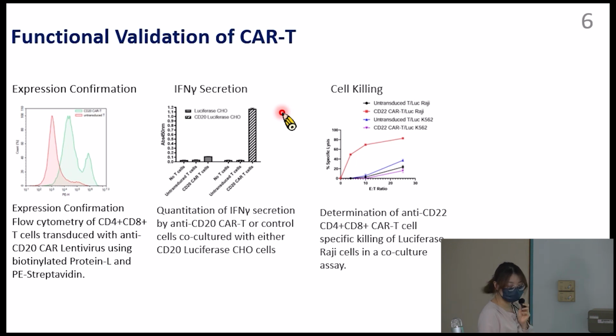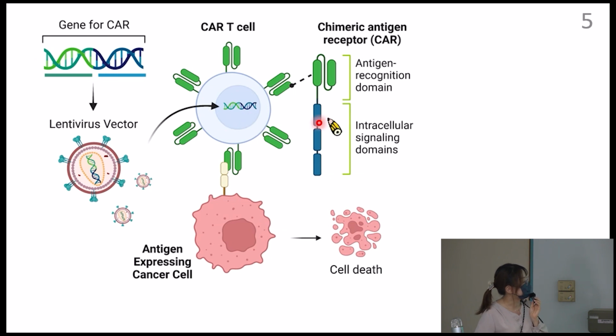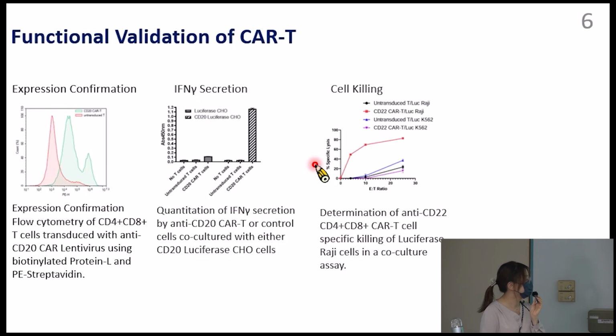The second is interferon gamma secretion, because when the receptor is expressed on the T cell and the CAR T interacts with the tumor cell, it can activate better than the original T cell because of the intracellular domain, so this kind of CAR T cell can secrete a lot of interferon gamma.